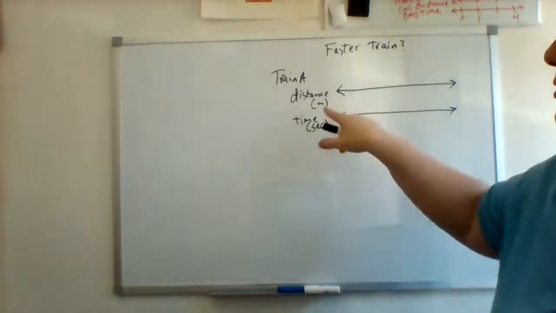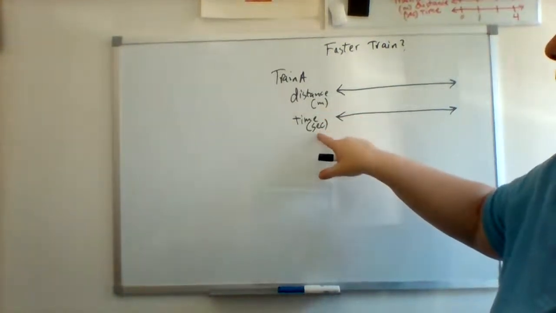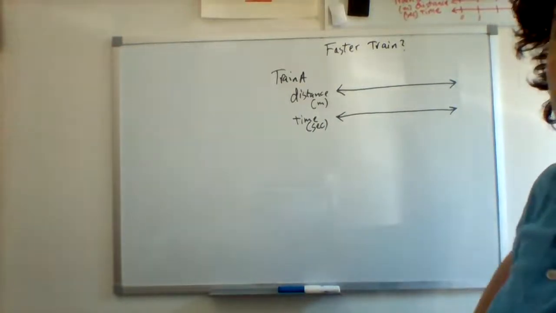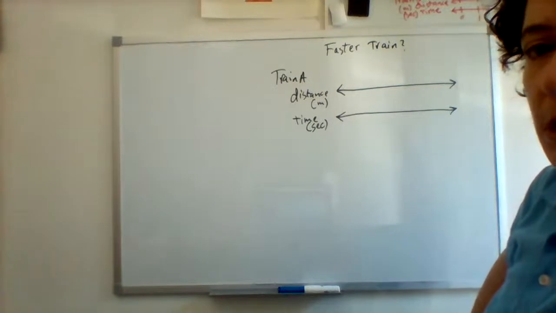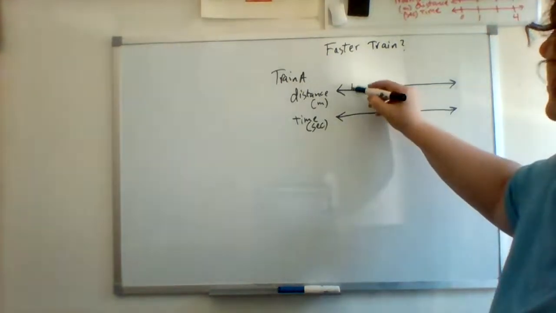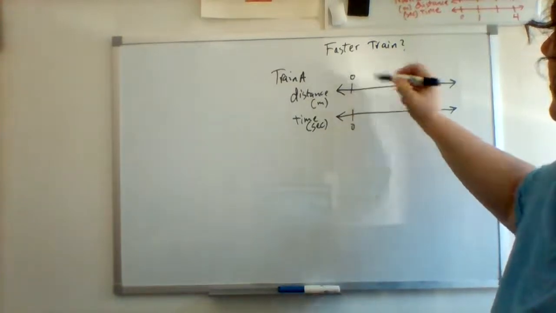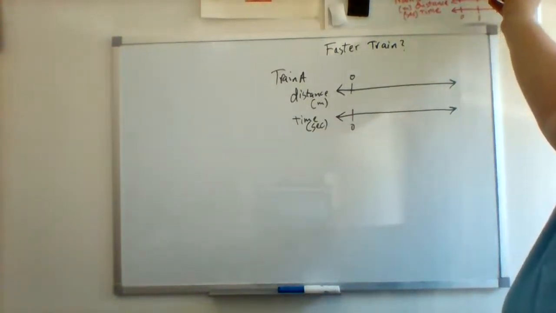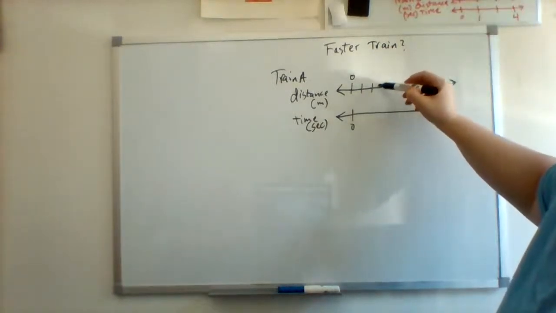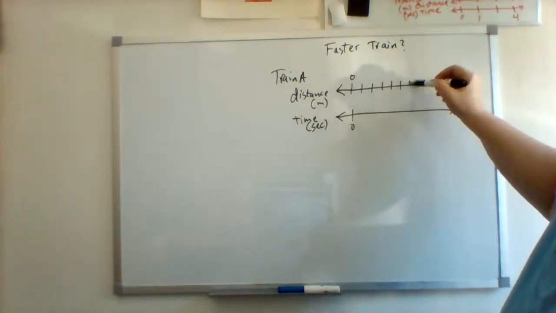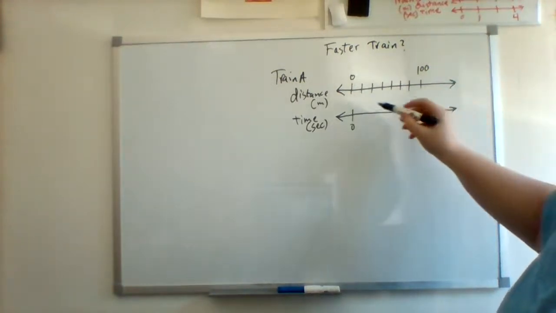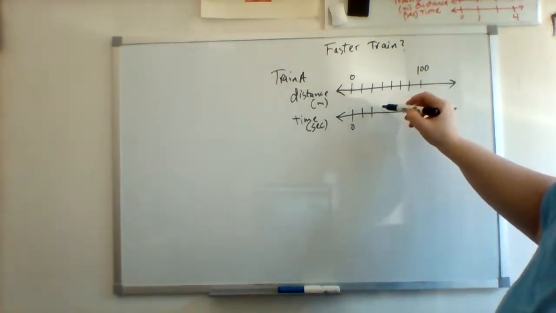They might have said that this one is going in meters per hour, and then the other one is going in meters per minute. And if you're going to compare them, you know it has to be the same units. Okay, so this one, 0, 0, 1, 2, 3, 4, 5, 6, 7, 8. 2, 3, 4, 5, 6, 7, 8. 2, 3.